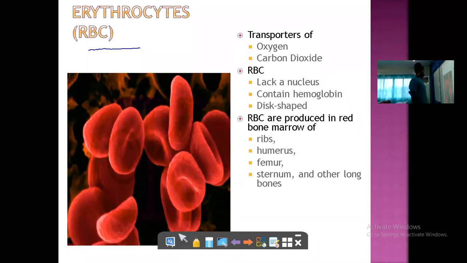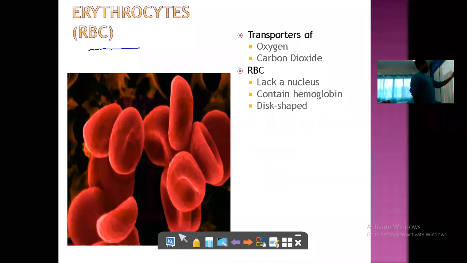The reason is that this provides enough space to have hemoglobin, so that hemoglobin can hook up as many oxygen molecules as it can. They are transporters of oxygen and carbon dioxide.